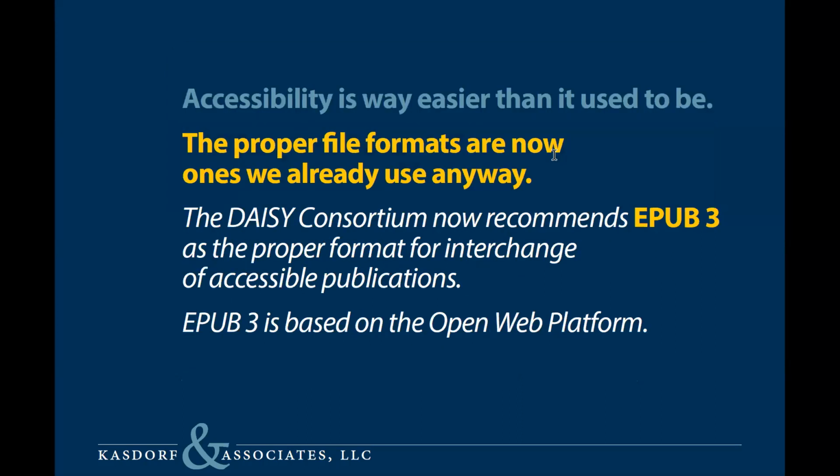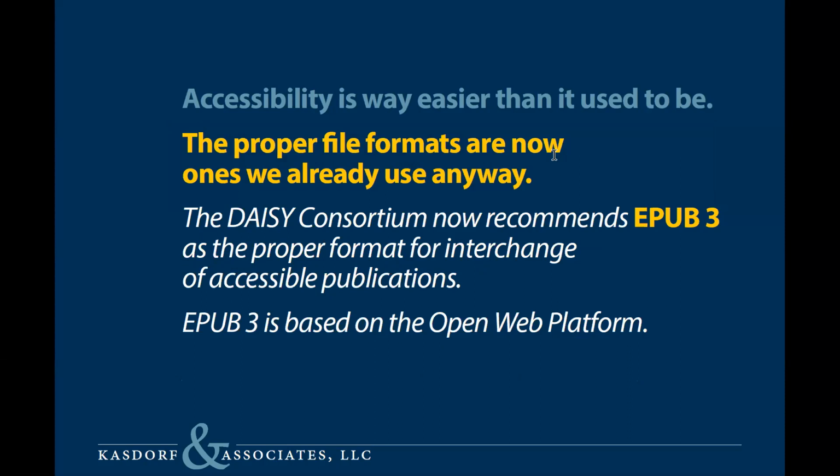One reason for that is that the file formats are the ones we're already using anyway. One of the leading groups in accessibility worldwide is the DAISY Consortium. For many years, they promulgated a format called DAISY, but the XML markup under the hood was a specialized markup scheme called DTBook.